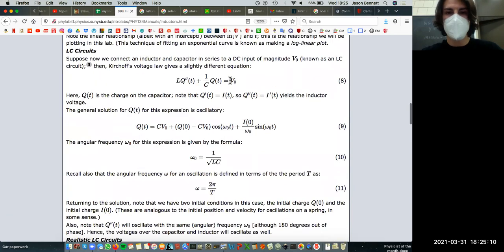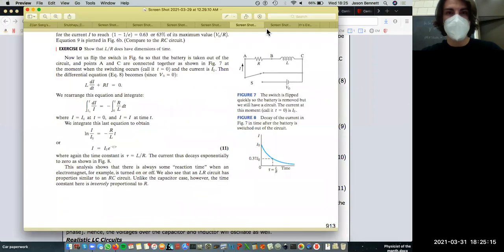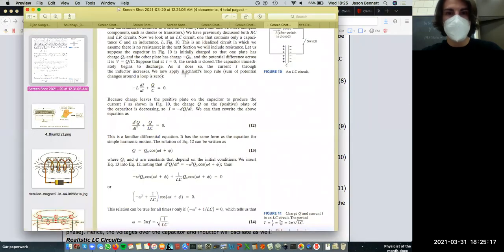The second part, this differential equation, is even more difficult. Thankfully, this chapter in Giancoli is incredible, and it has the exact derivation. So again, you can find the initial differential equation that you want to solve from Kirchhoff's rule, that the sum of circuit elements around a circuit, the potential drops, sum to 0.